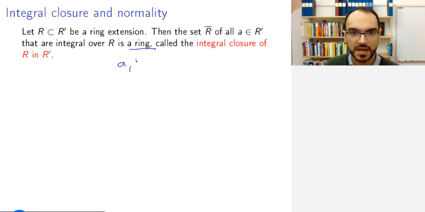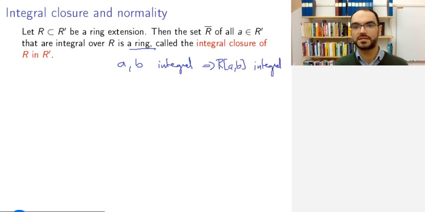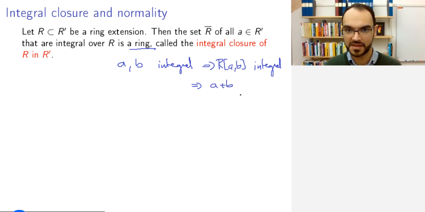So if a and b are integral, then the ring extension is integral. This was the added strength to the proposition we proved earlier. So in particular, this means that all elements here are integral, such elements as a plus b and a times b.